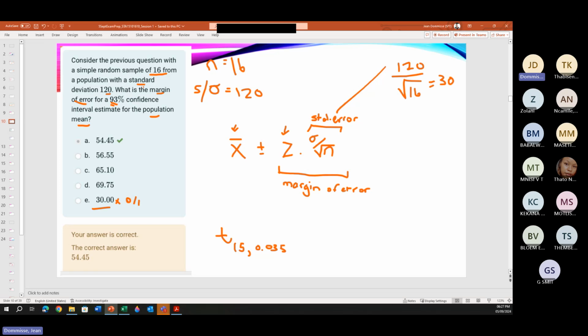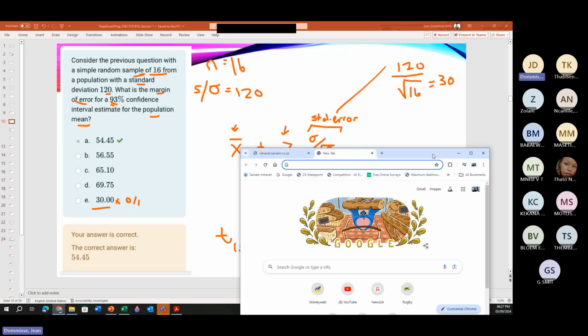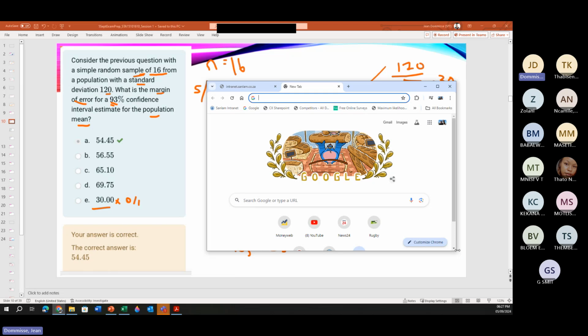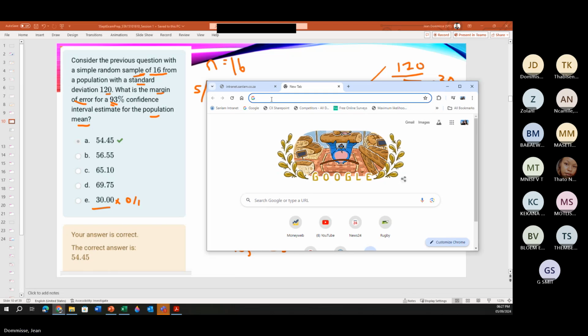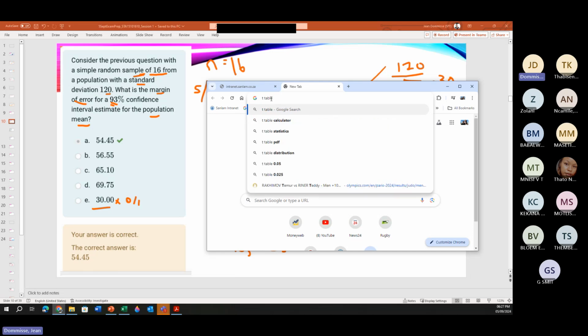Okay, so I would have gone with this to say, I don't know what I would have said. That is a sample standard deviation because we talk about the sample. Then I would have actually used Google. That's why I said don't worry too much about this one for the exam. But let's look at the T-table calculator.